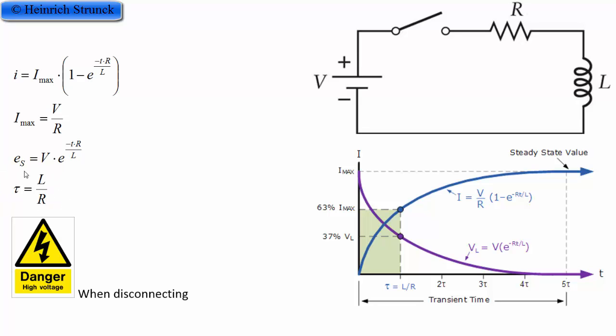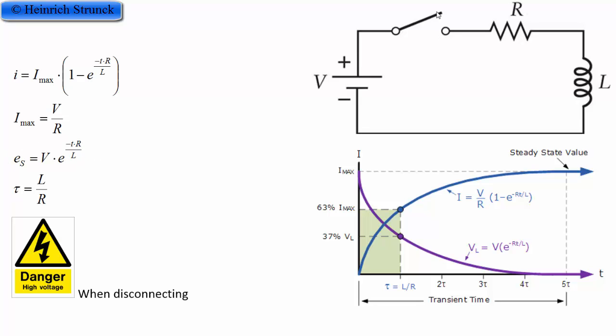So normally this will happen very fast. We also have a formula if we want to calculate the voltage that the coil induces. So we can also calculate the voltage for this curve at any time.